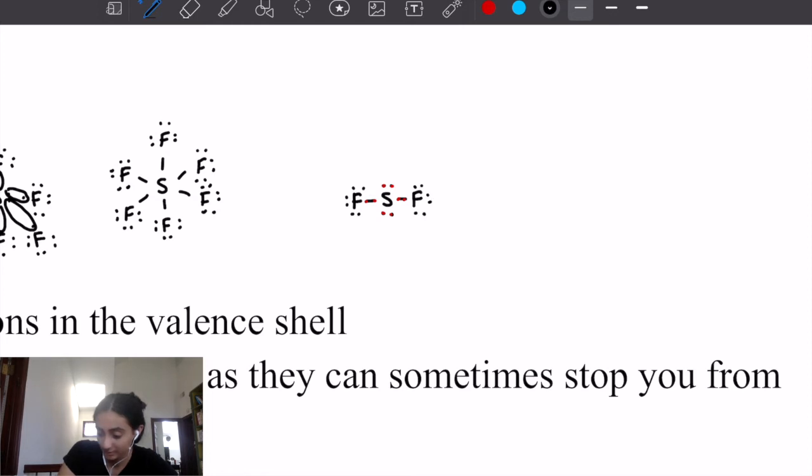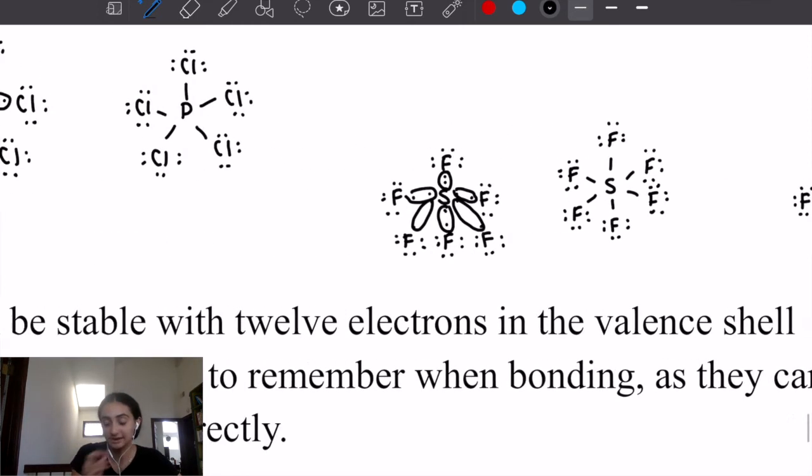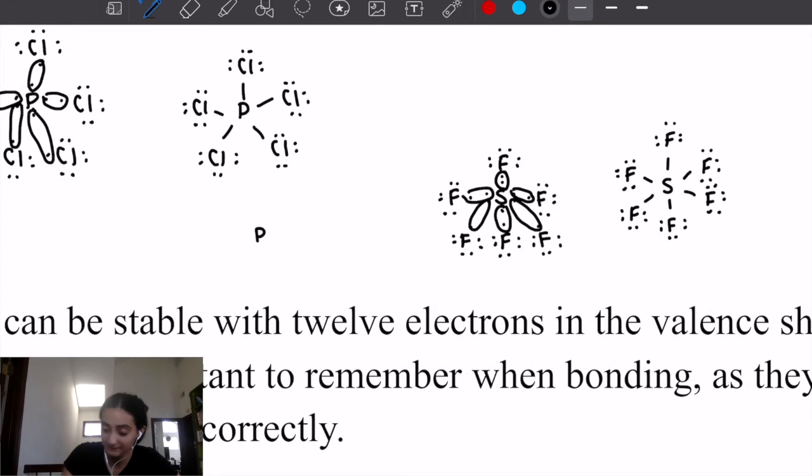And it's still stable. It doesn't need 12 to be stable. Same thing with phosphorus. If I had phosphorus with 3 chlorines, these could each bond once. Phosphorus would have a lone pair, but it would be satisfied and it would have 1, 2, 3, 4, 5, 6, 7, 8 electrons.